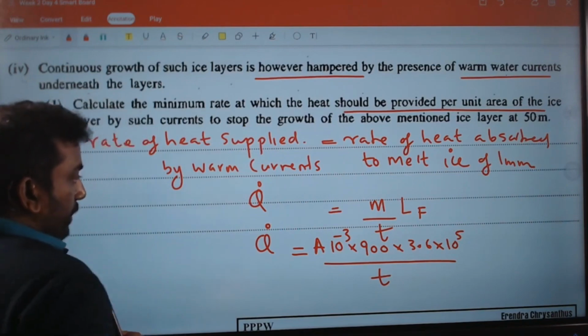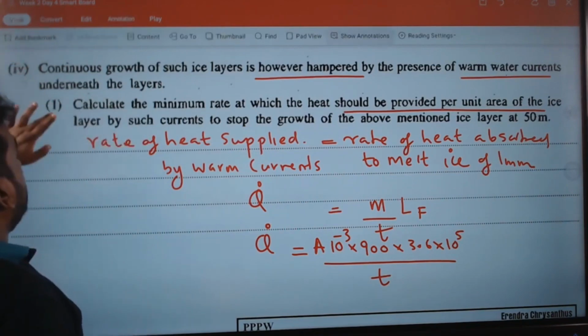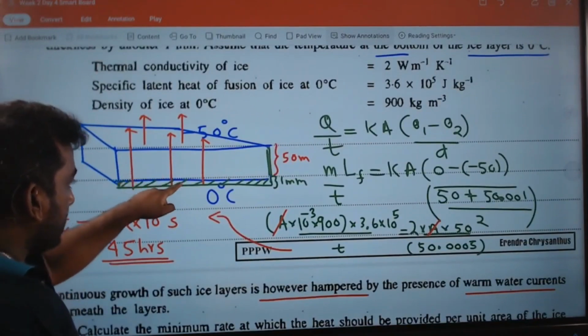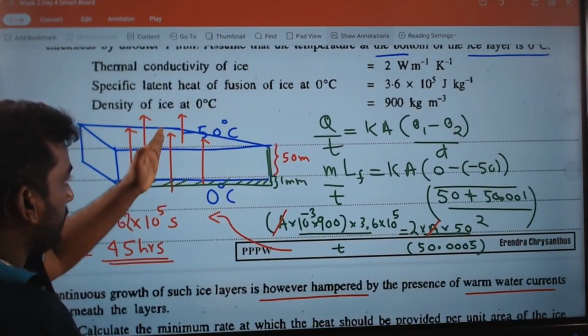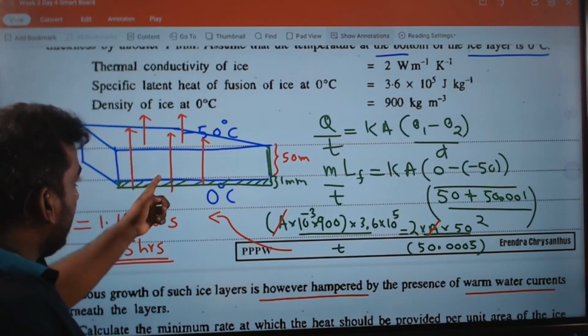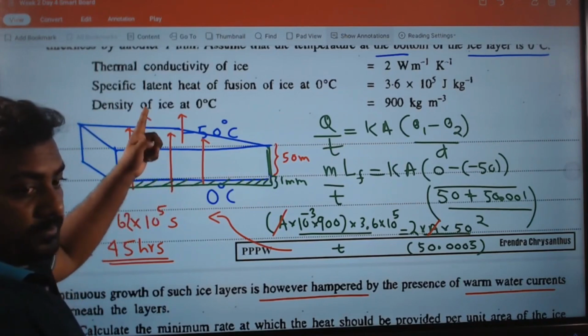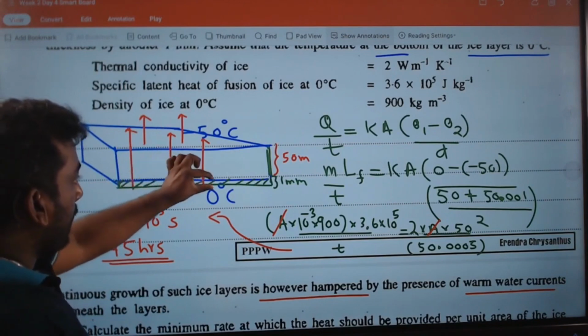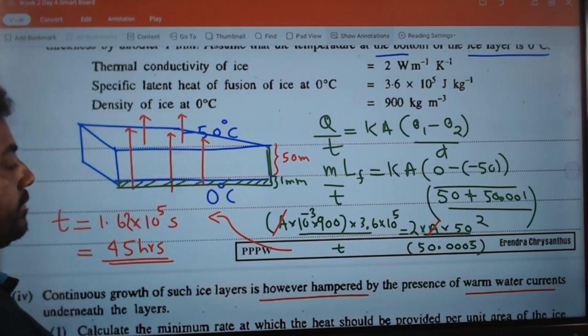So simple work, no? If you look at this carefully, why is ice layer formed? Because heat is flowing through. So I must supply heat at the same rate heat is flowing through. If I supply heat at the same rate heat is flowing through, I can stop this ice layer forming.